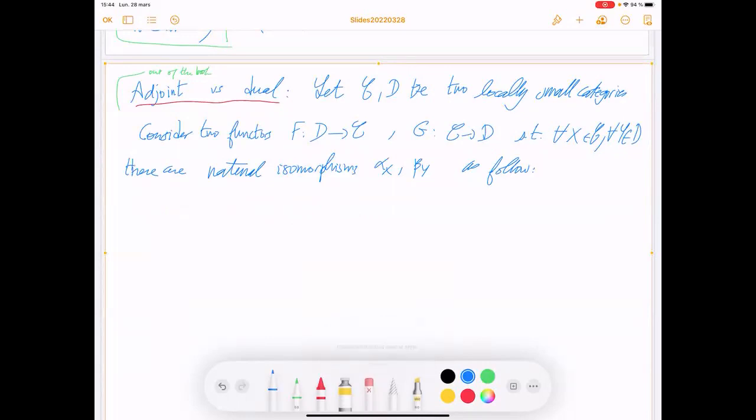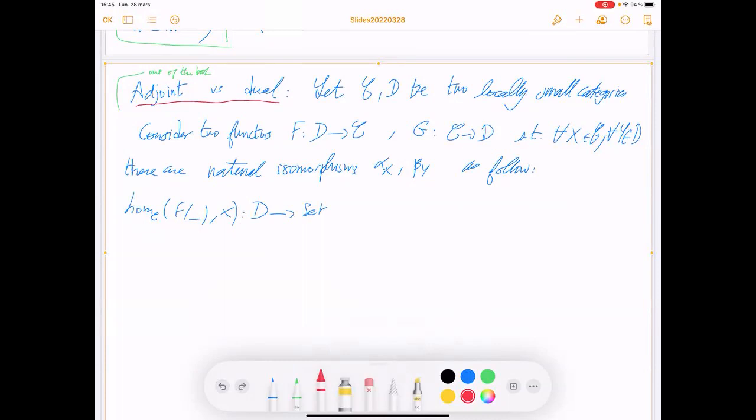So a functor like that. So from an element of D, the element of D will be here, associates a set which will be the Hom set, this Hom set.